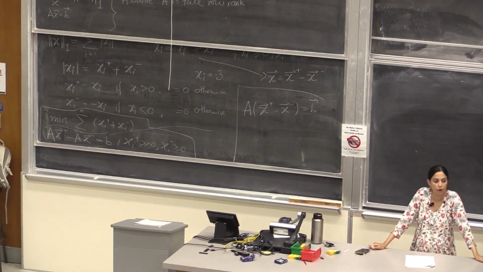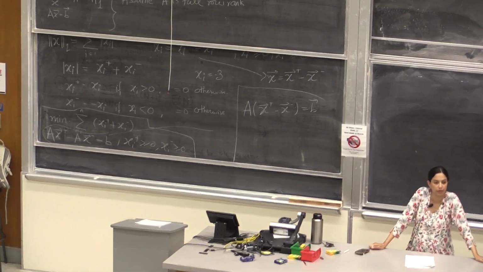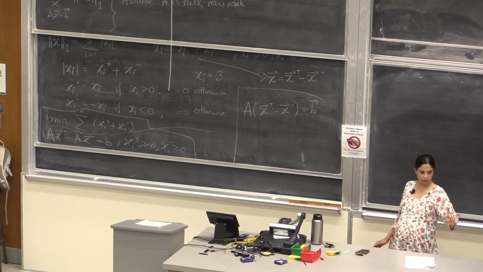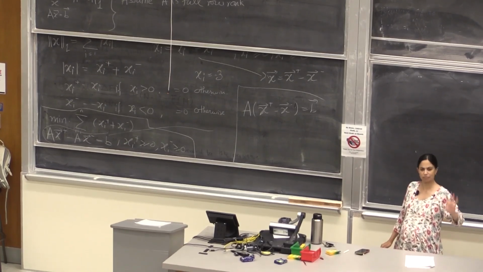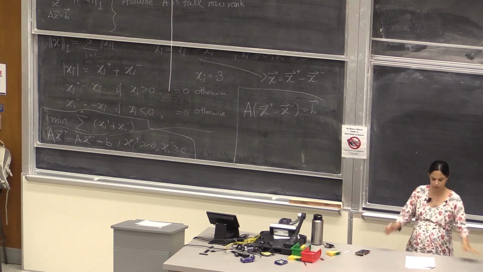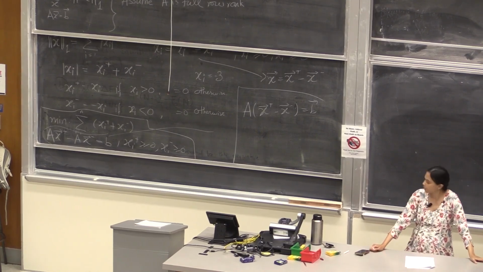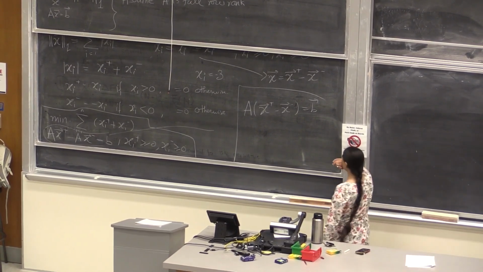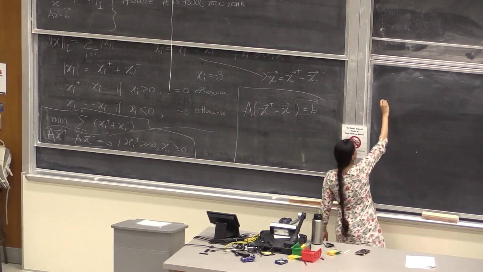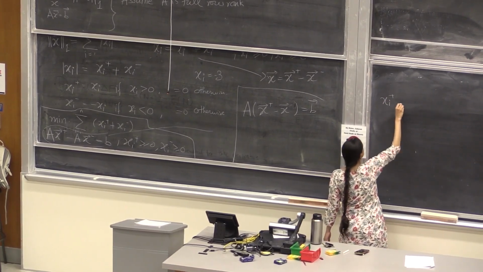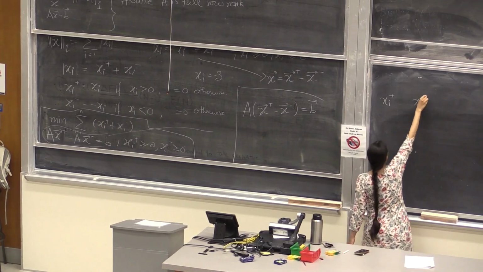Okay, so how do we approach this problem? Yeah, I want to just talk through it together for a bit, okay? So now let's think about this. We have this xi plus, and we have xi minus.